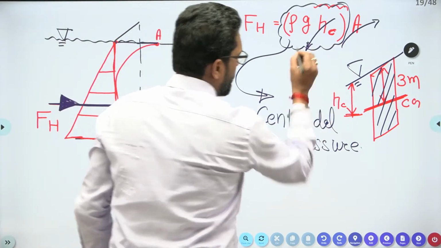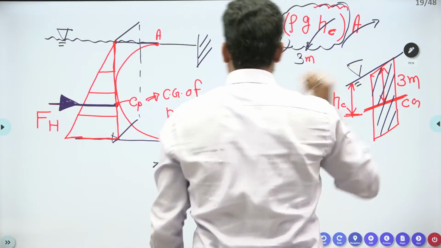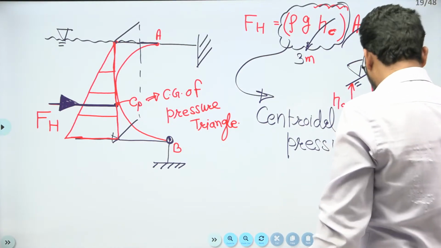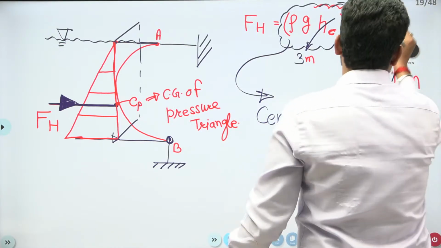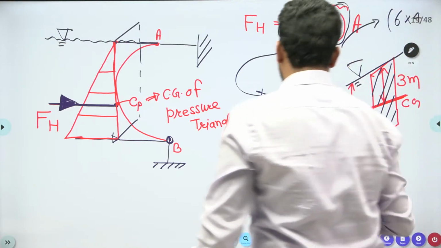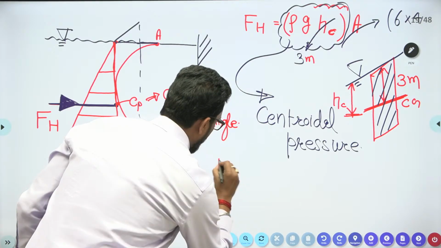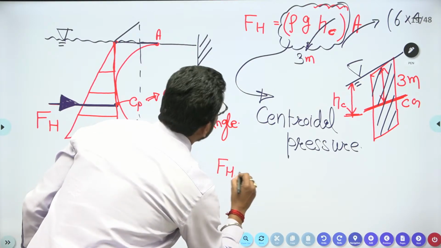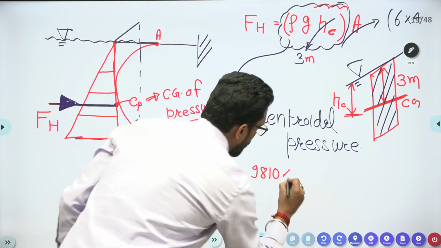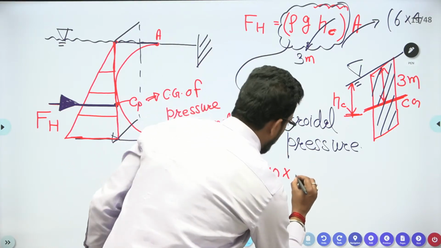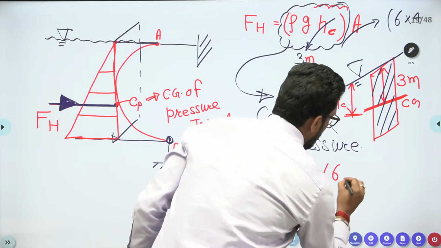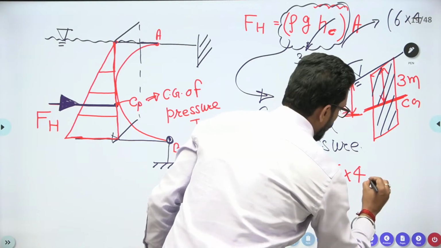So what is AC? 3 meter. Right? What is A? The height is total 6 and the width is 4, I think. So this is 6 into 4. So calculate it. If H is equal to rho g, 9810 into h, which is 3, into area 6 into 4.